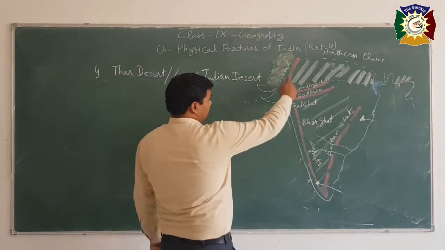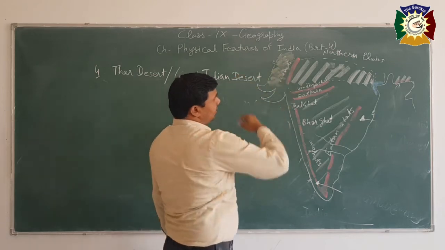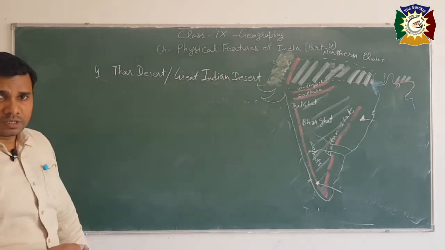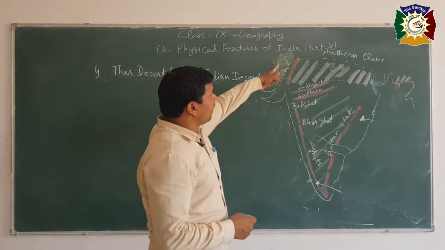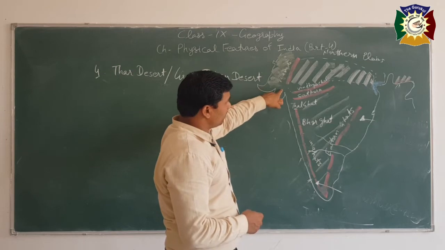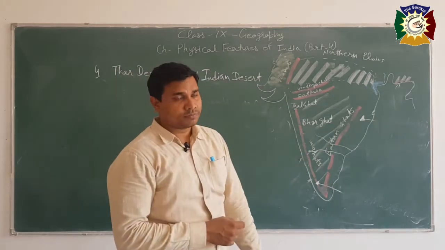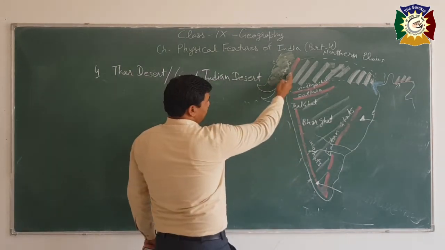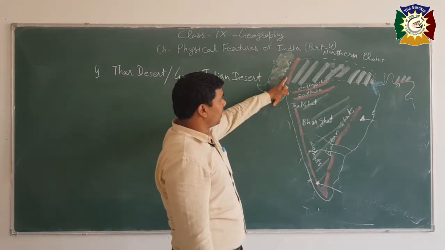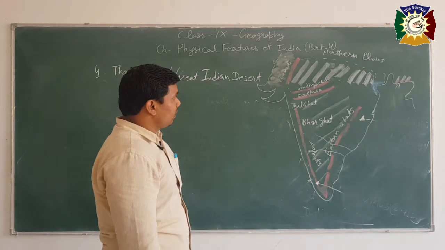And mainly this desert region comes under the Rajasthan state, and it stretches till Haryana and Punjab in the north, and in the south it stretches till the Gujarat state. And on the eastern side its boundary is marked by the Aravalli hills.